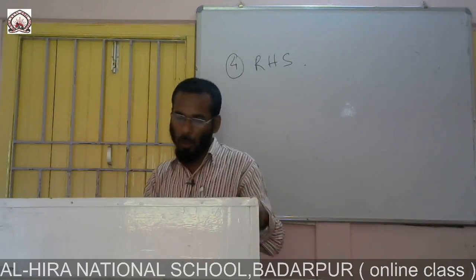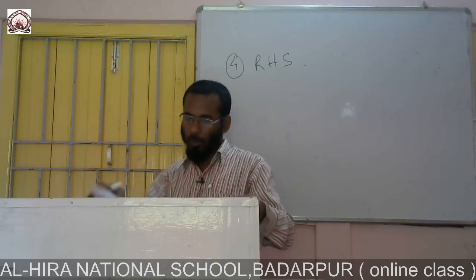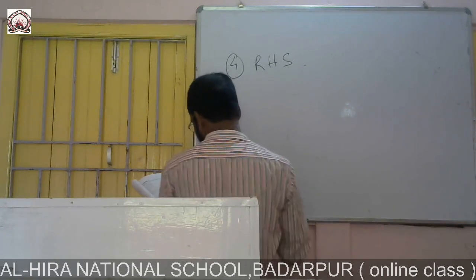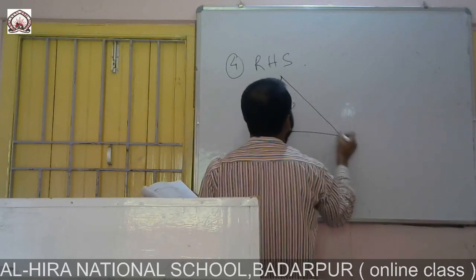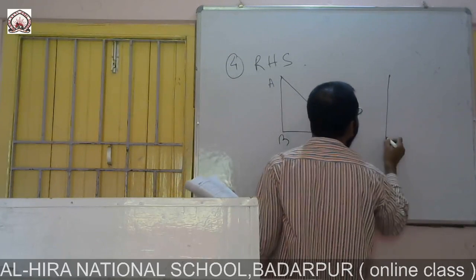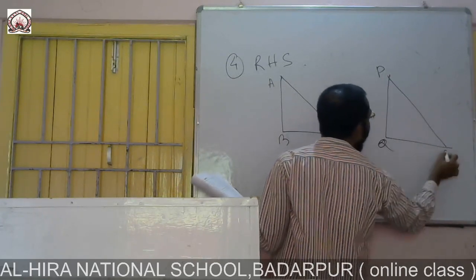Right hypotenuse side. Suppose this is a triangle ABC and PQR.